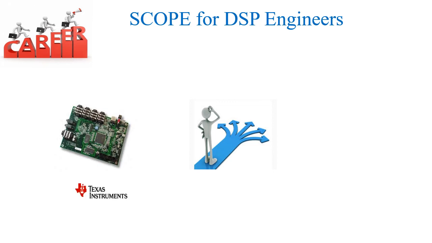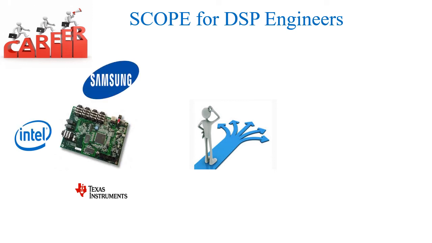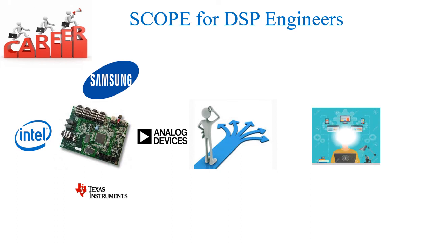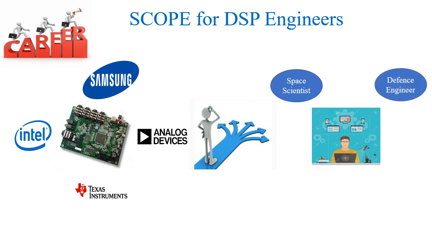Suppose you are interested in hardware design, then these are the top companies which provide greater opportunities: Texas Instruments, Intel, Samsung, Analog Devices. Suppose you are more interested in the coding area, then you can become a space scientist in ISRO, NASA, SpaceX, or you can become a defense engineer.